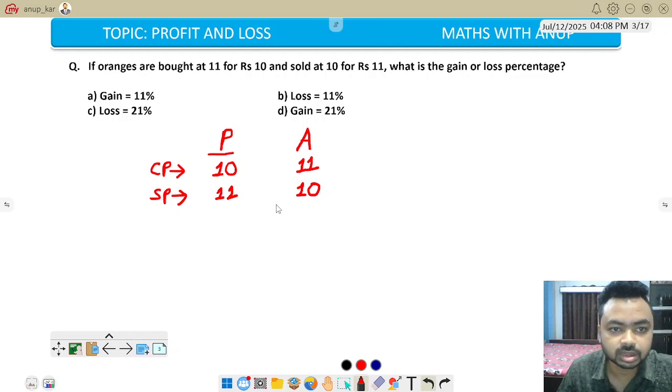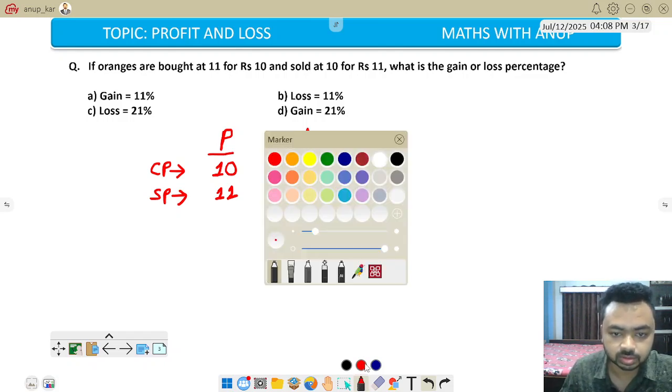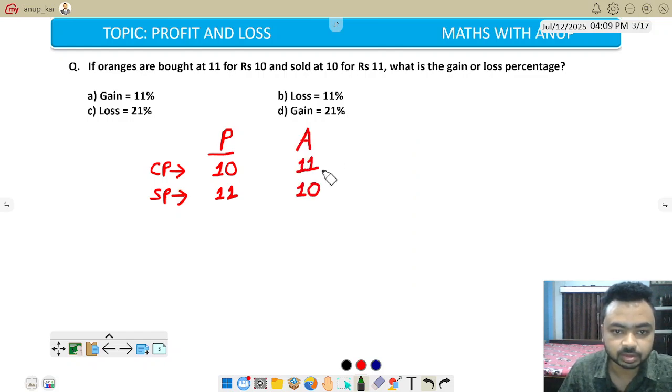According to the situation, we have to make the number of articles the same, because we are buying the same number of articles and also selling the same number of articles. For that purpose, we will multiply 11 by 10 and 10 by 11.